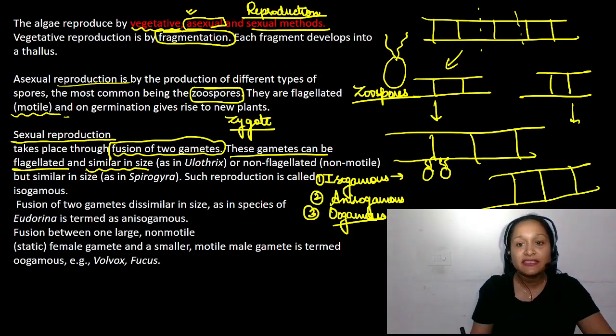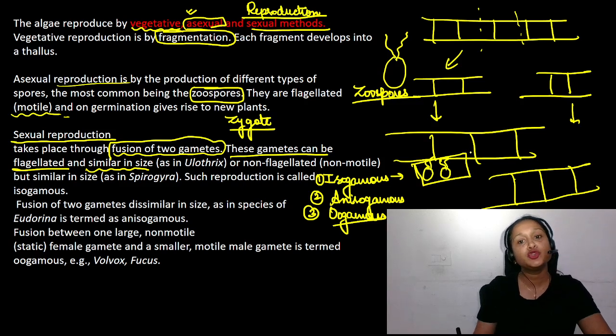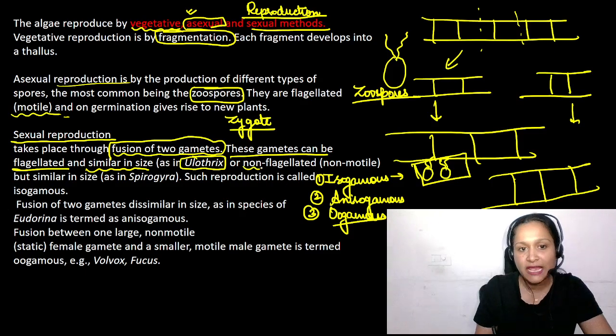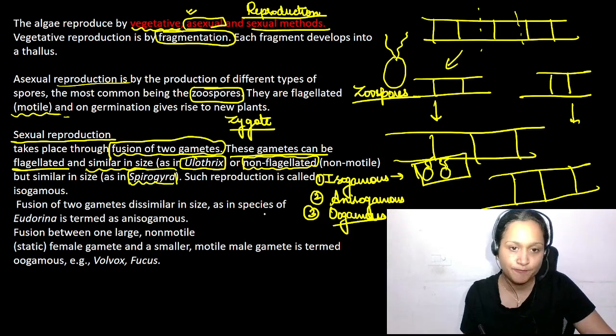Now, if they are flagellated, the example is Ulothrix. Isogametes non-flagellated, the example here is Spirogyra. What is the example? Spirogyra is the example.